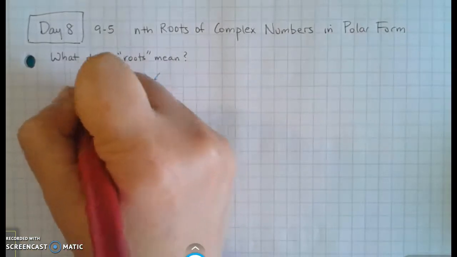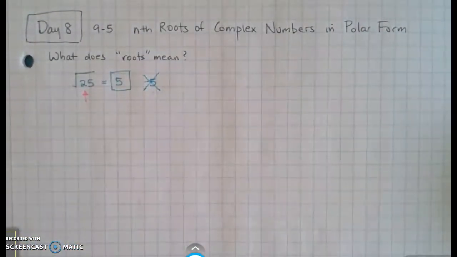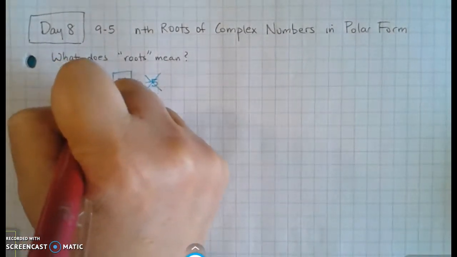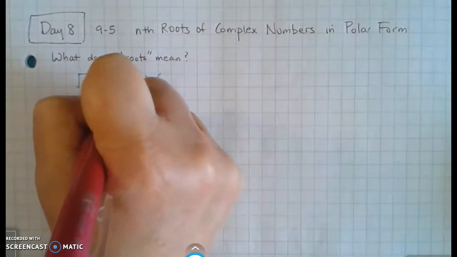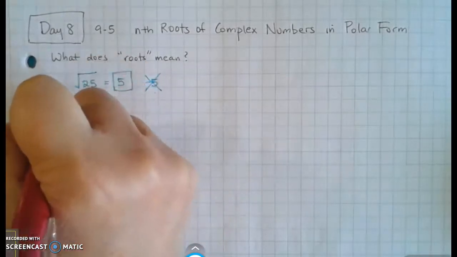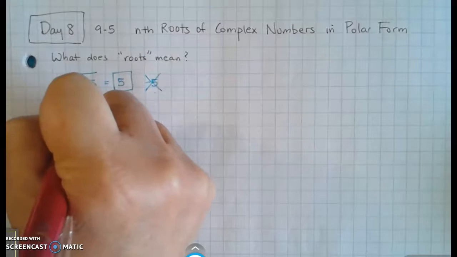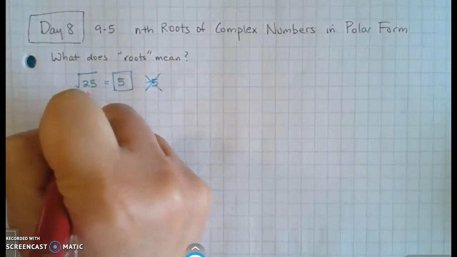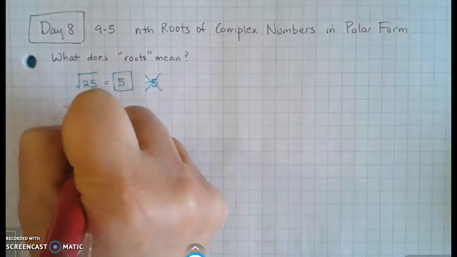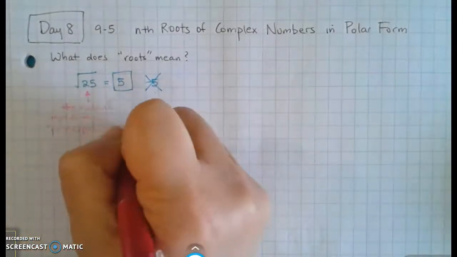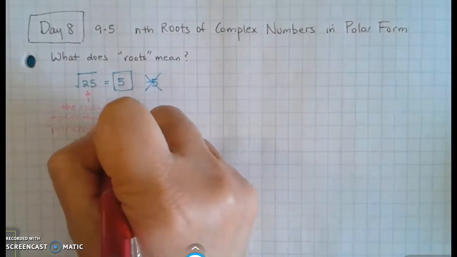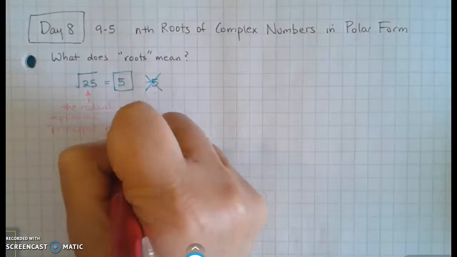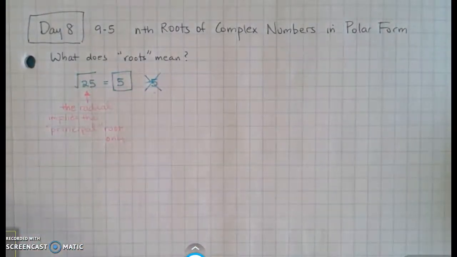Okay, so the square root symbol implies, let me just write that down. The radical implies the principal root only. And what do we mean by principal root?